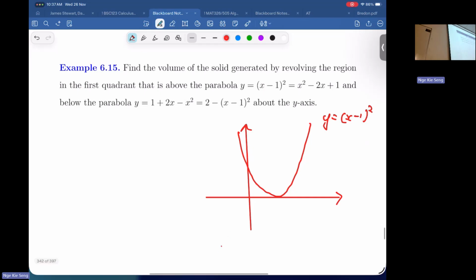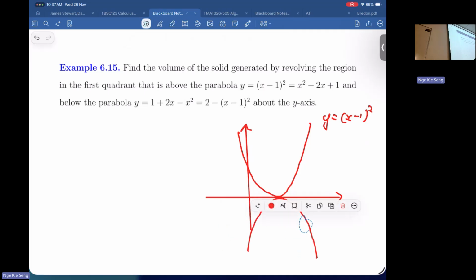Again, there is shifting in the x direction and the y direction. But first, you get the basic graph, minus x squared. Similarly, you shift to the right by 1 because of x minus 1 squared, but in the y direction, you plus 2, meaning you have to shift up by 2.